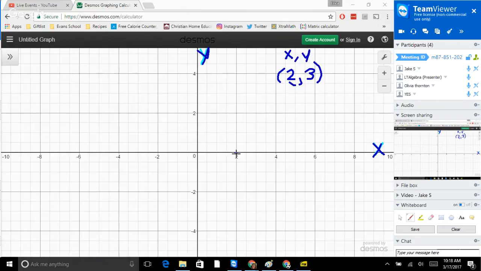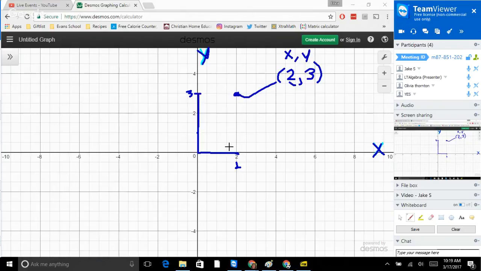And then my y coordinate is 3, so if I just look at the y, my y coordinate of 3 is right here. When I put those together, x equals 2, y equals 3, this point right here is (2, 3).